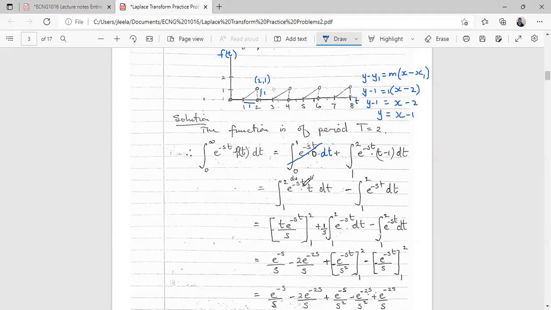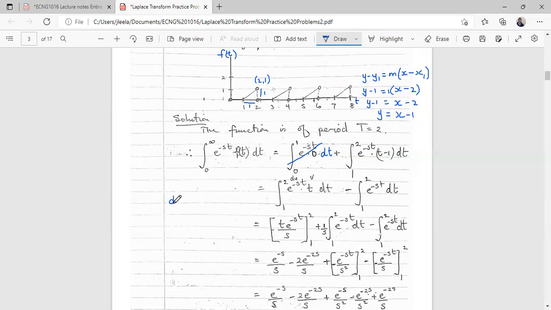From this, we could break it up into the integral of e to the minus st times t, minus the integral of e to the minus st. So you have two integrals here, and the first part we integrate by parts. You call the t u, and you call the e to the minus st dv.